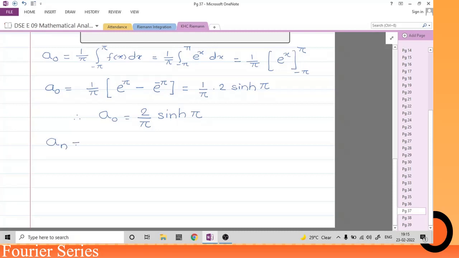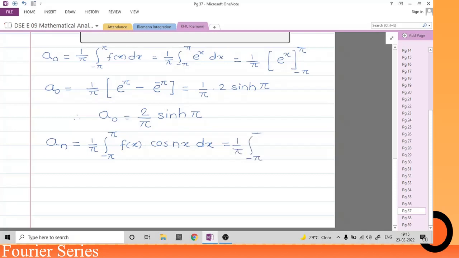Now let us go for an. According to the definition, an is equal to integration minus pi to pi f of x into cos of nx, and the function f of x is again e raised to x.